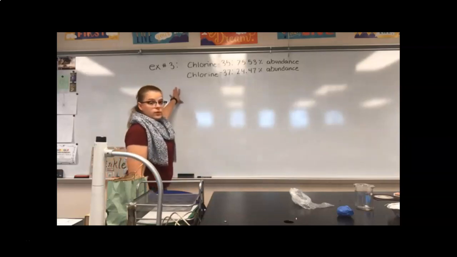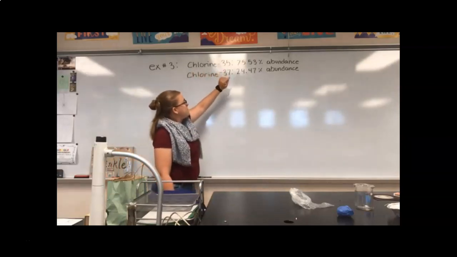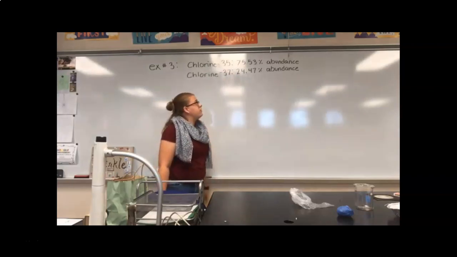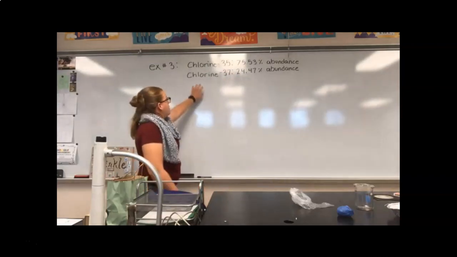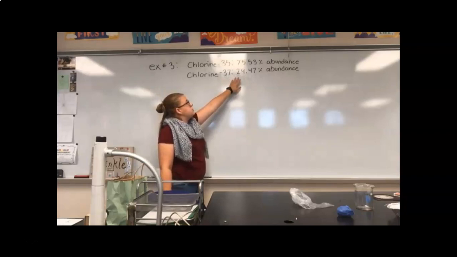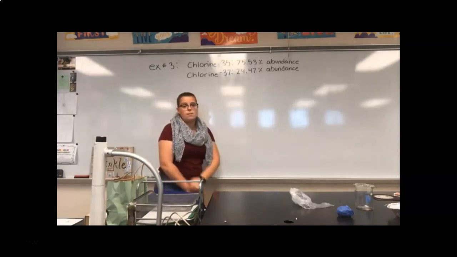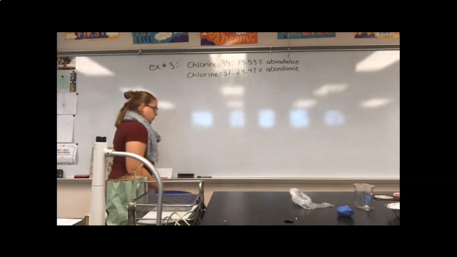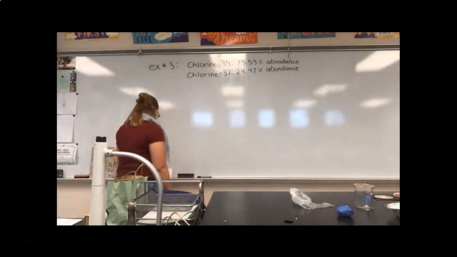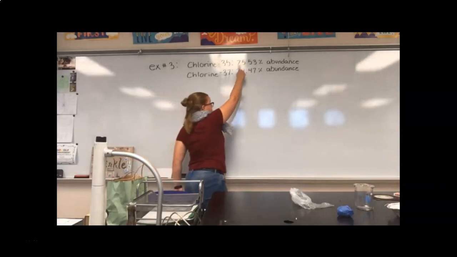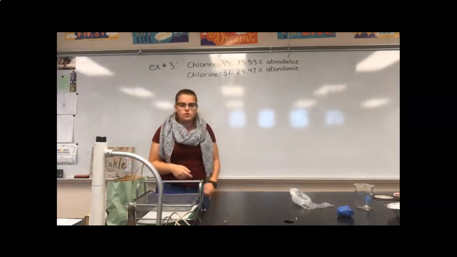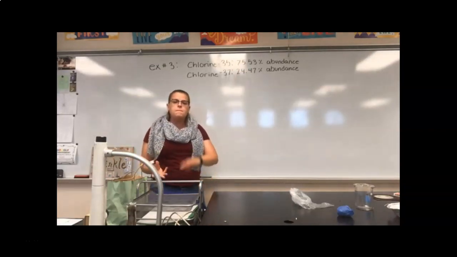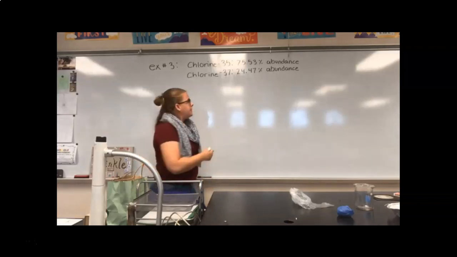Now for example number 3, we have chlorine-35 that has a 75.53% abundance, and then chlorine-37, which has a 24.47% abundance. And we gotta find chlorine's average atomic mass, okay? Again, the very first step we gotta do is to convert these percentages to decimal numbers. And we do that by moving the decimal twice to the left, okay?